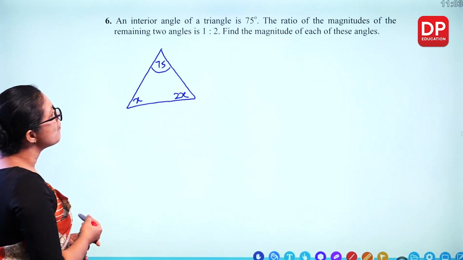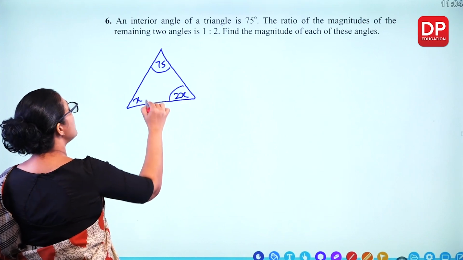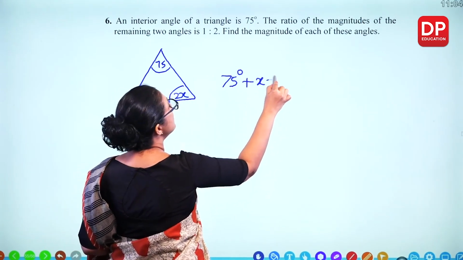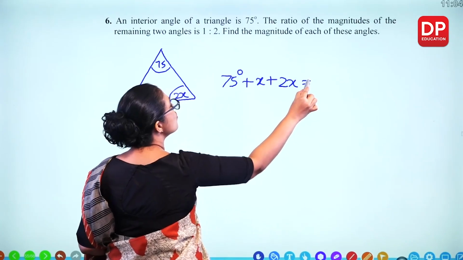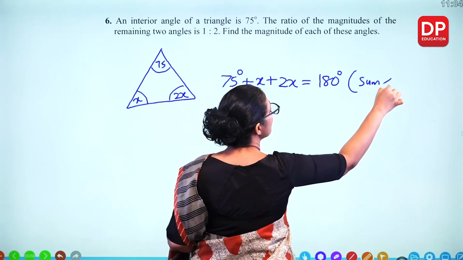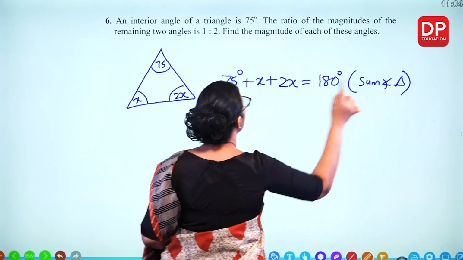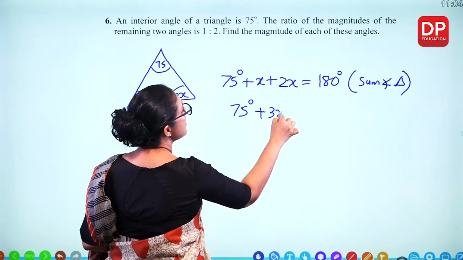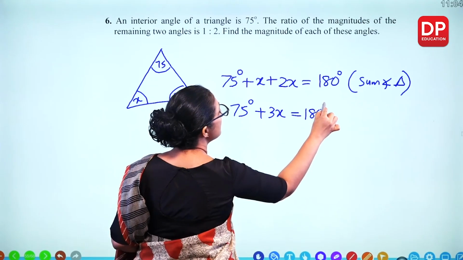Find the magnitude of each of these angles. So now we know the sum of angles in a triangle is equal to 180. 75 plus 3x is equal to 180.